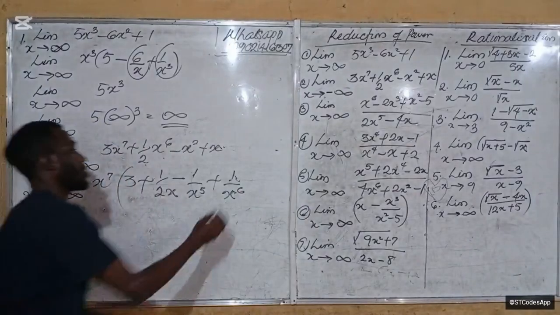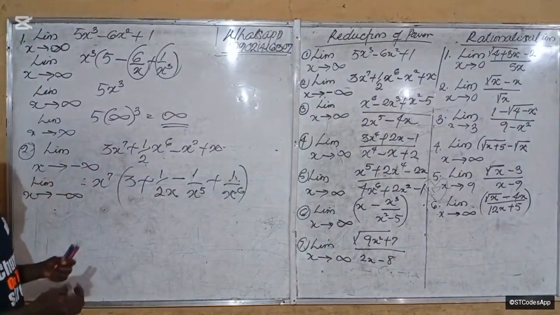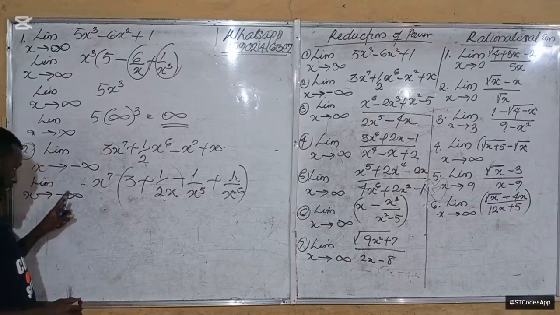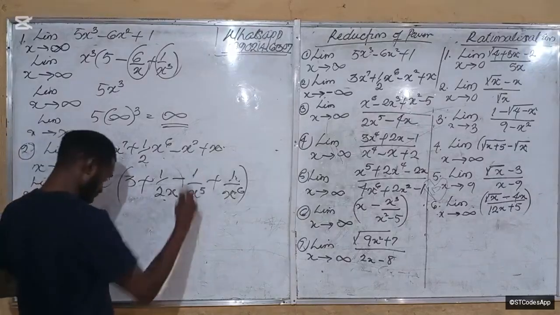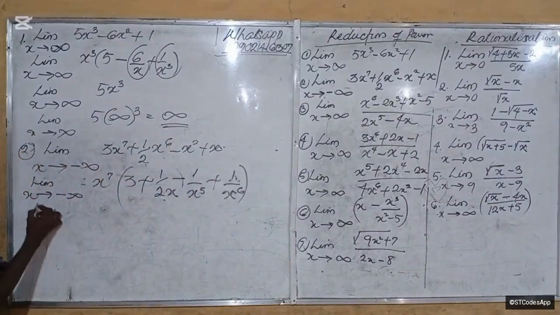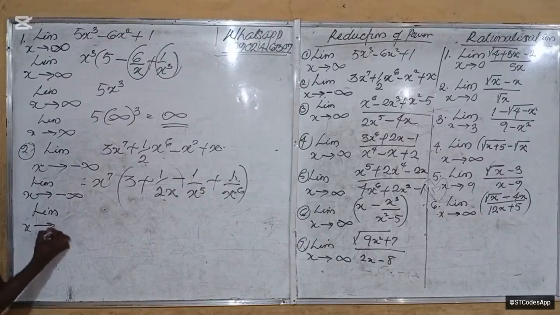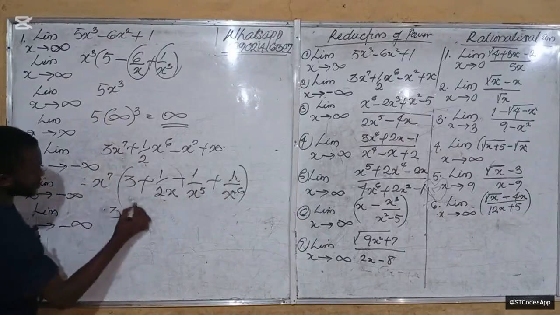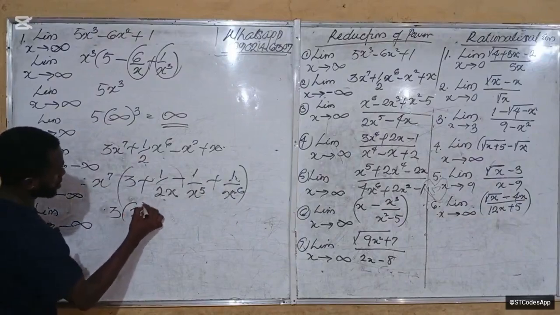So, in like manner, this guy is going to give us 0 by the time we plug in infinity or even negative infinity. Plug in negative infinity, we get 0. So at the end of the day, the limit as x approaches negative infinity of our expression becomes 3 into bracket x raised to power 7.